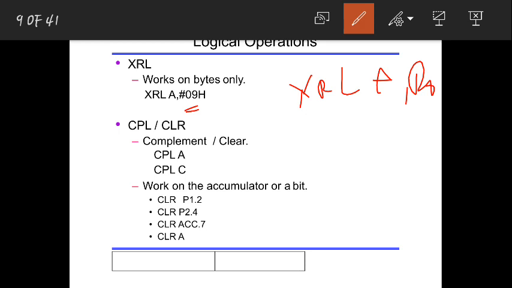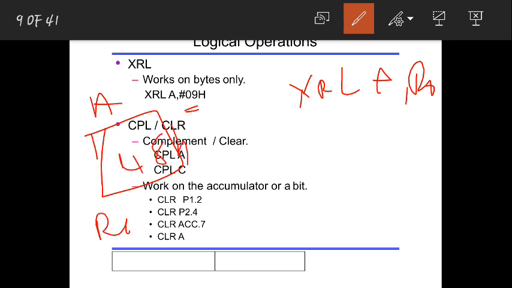Now we'll see one small operation on this. Here I have taken XRL A comma R0. Consider A is equal to 48h and R0 is equal to 29h, and now we'll see the result.